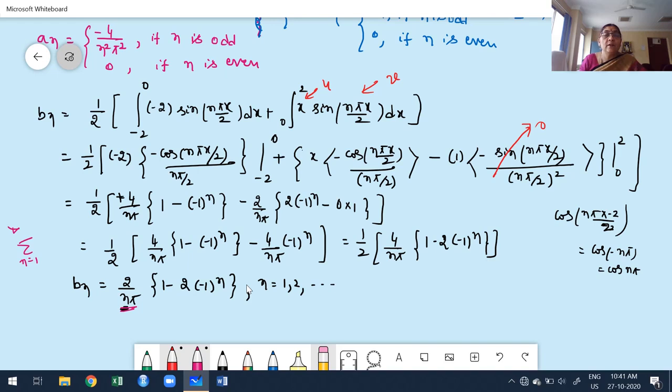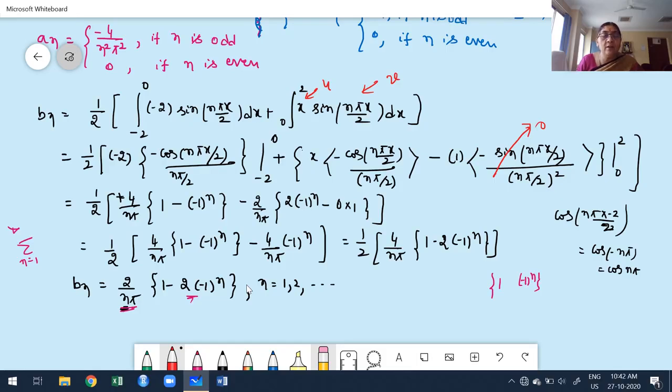Therefore, this is only I told even or odd case I have to write inside the bracket: one term is 1, another term is minus 1 to the power of n. Instead of minus 1 to the power of n, what you have? 2 extra. Either even or odd case, none of the cases is equal to 0. Here, if you want to put n is equal to 1, what happens? 1 plus 2, 3, and then none of the values is equal to 0.